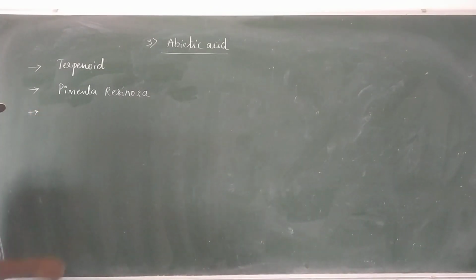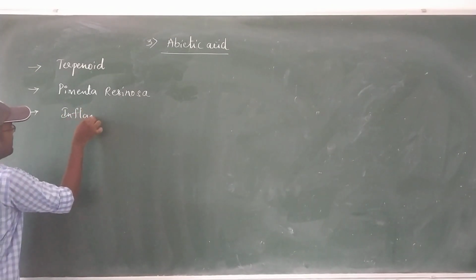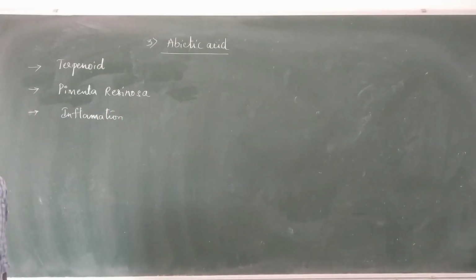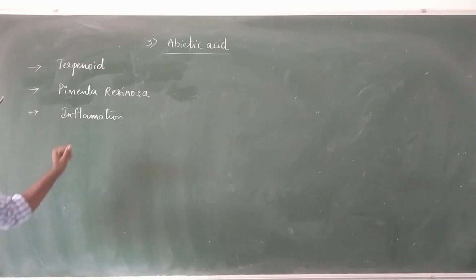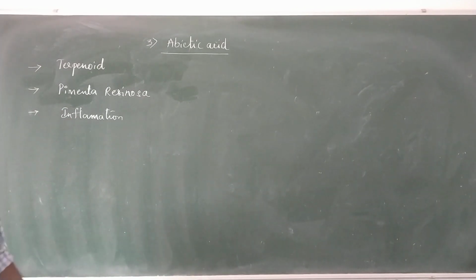It is useful to treat inflammation. Inflammation means swelling of tissues. Sometimes blood secretion is treated as inflammation. So due to inflammation treatment, abietic acid is said to be an anti-inflammatory drug.